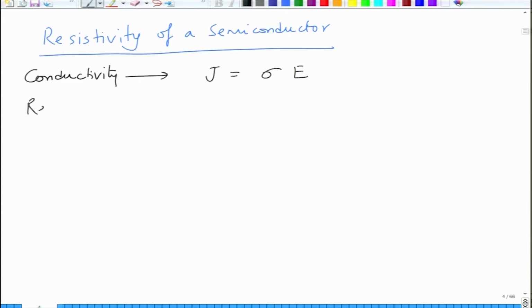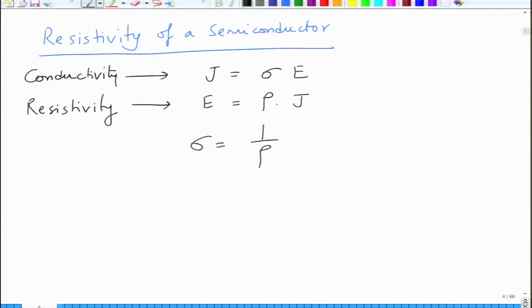In terms of resistivity we write E is equal to rho J, which means sigma is equal to 1 over rho. So basically resistivity is the reciprocal of electrical conductivity.